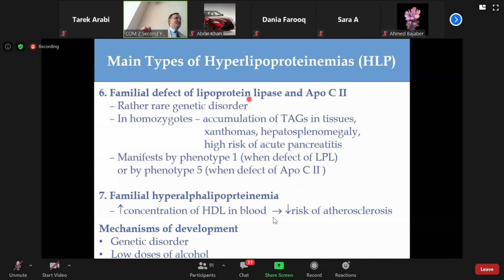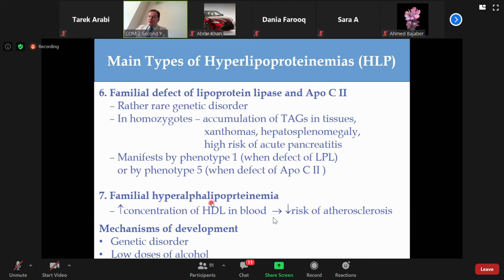So this is manifested by phenotype 1 with a defect of LPL, and phenotype 5 with a defect of ApoC2, which is a coactivator of LPL, lipoprotein lipase.